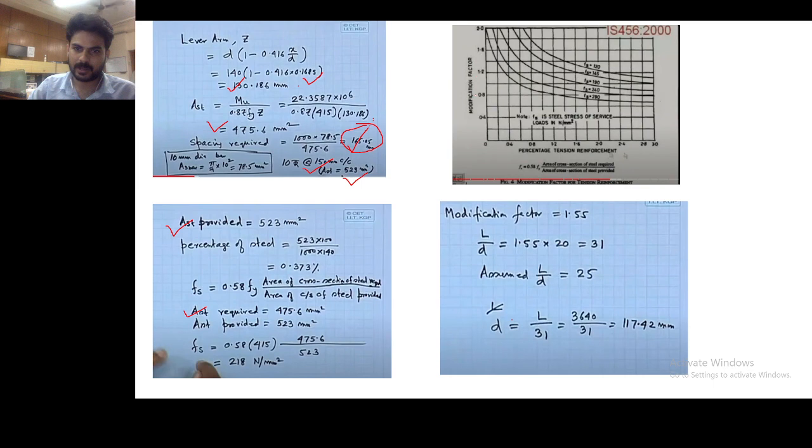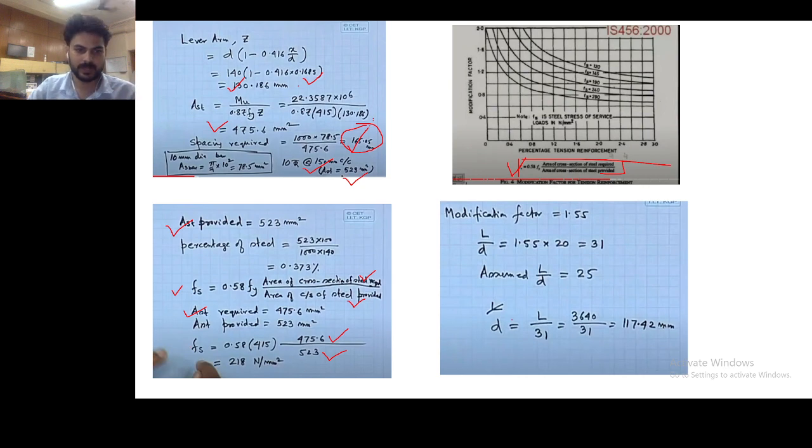So the modification factor we can calculate, where this formula is given here, which is equal to, here it is also given, Fs is equal to 0.5 into Fy, and which is like the cross section area which is required and which is provided. Okay, so this we have put here, this is required we got, and whatever we provided is extra, which means it is a conservative approach, it's safe.